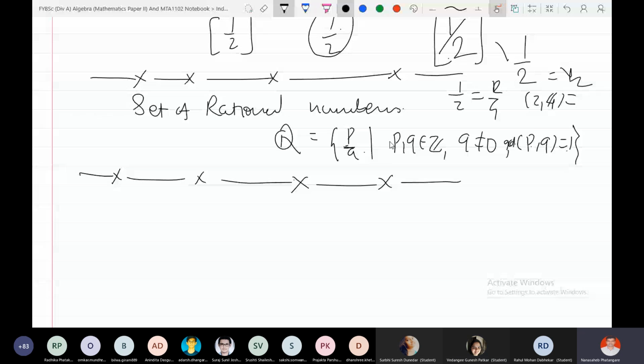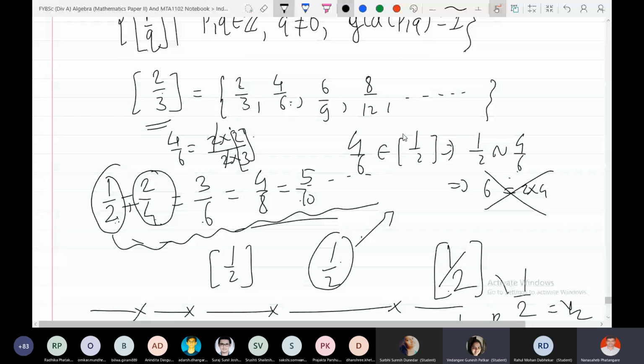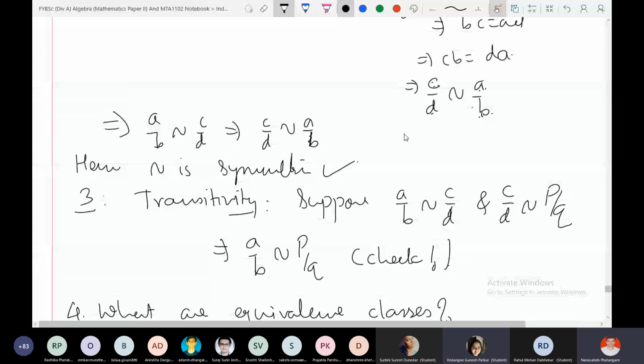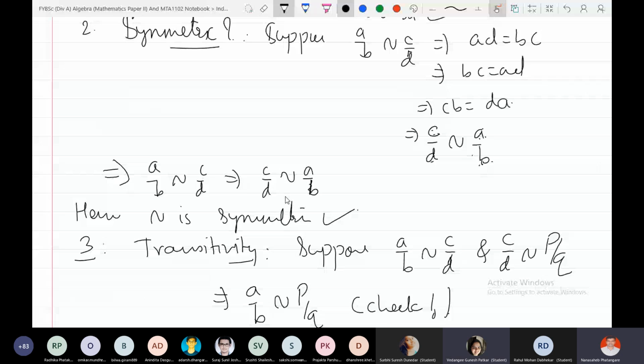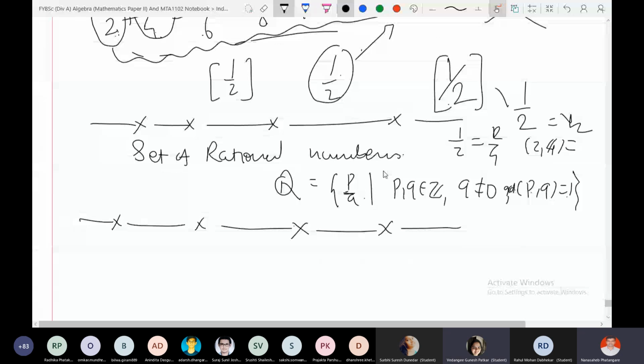But the only thing is, you should have a feel of this equivalence relation and these classes. What exactly this means, what is the philosophy behind all these equivalence relations and classes, and how we use them in day-to-day life. That feel is very important. Once you get a feel of these ideas, then you can understand the general abstract theory part.